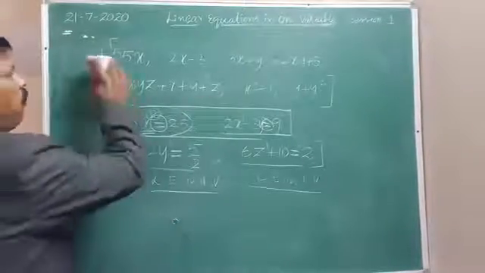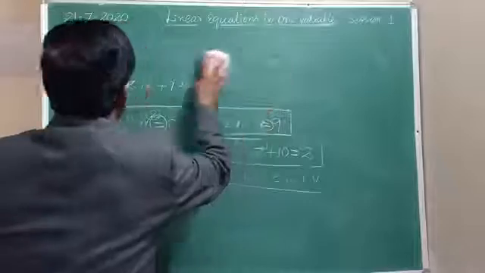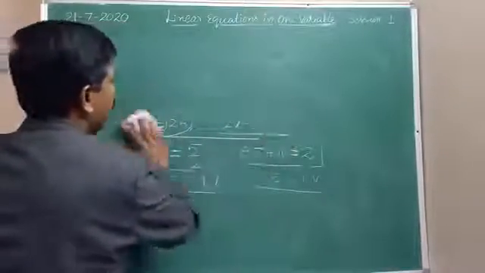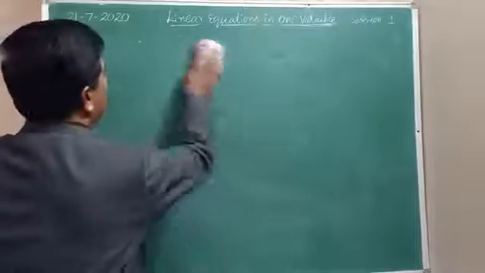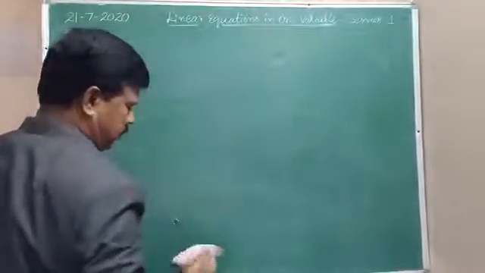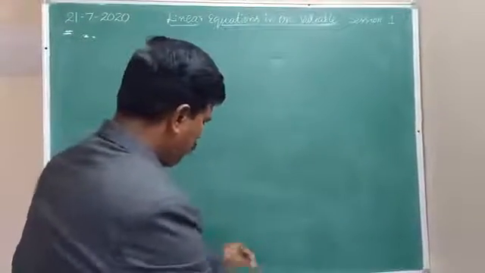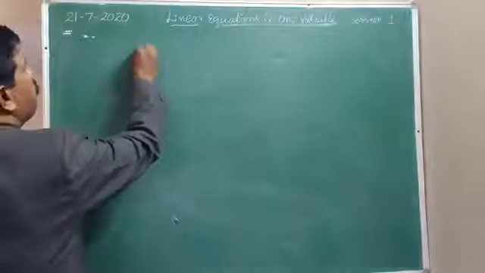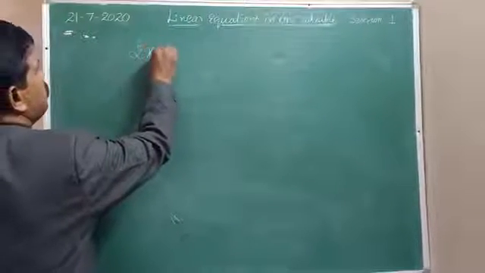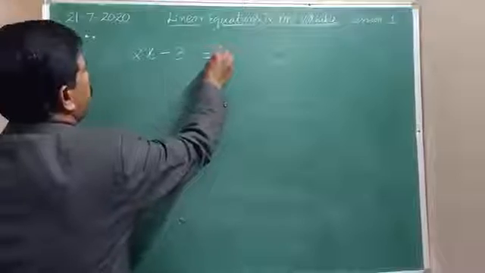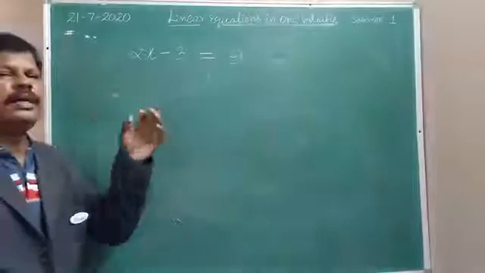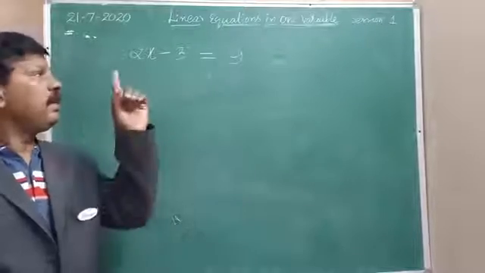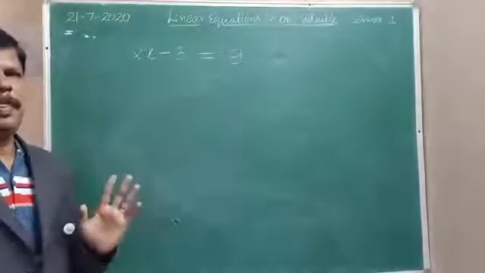Understood? Now, in a linear equation, we have two parts. What are those two parts? For example, 2x minus 3 is equal to 9. This is a linear equation in one variable.